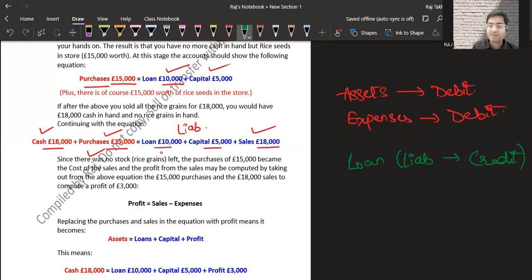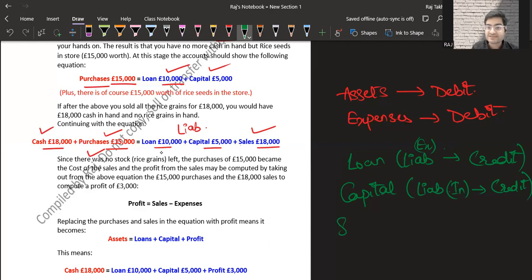And capital is also another form of liability, but keep in mind this is something which is internal to the business. So this is an internal liability of the business. This being a liability also has a credit nature. So liabilities in both cases: in the first case it was an external liability, in the second case it's an internal liability.